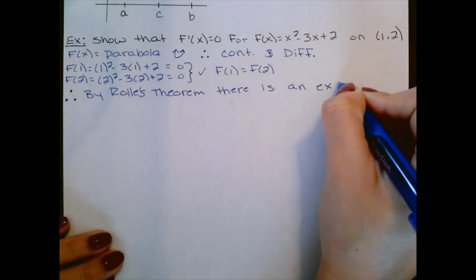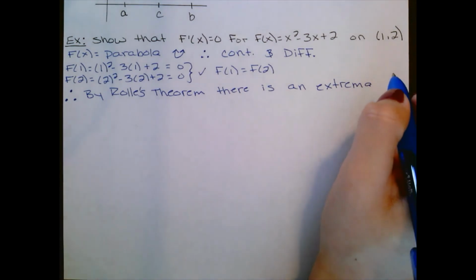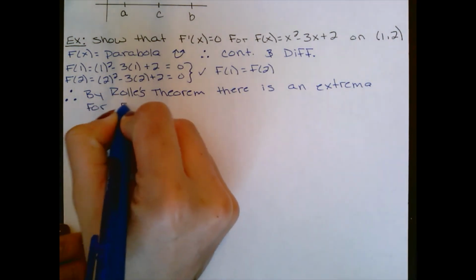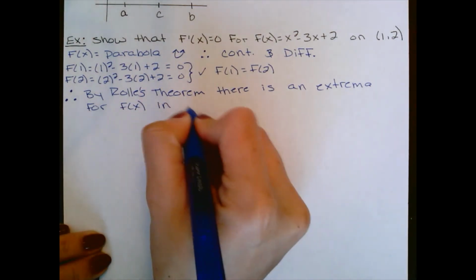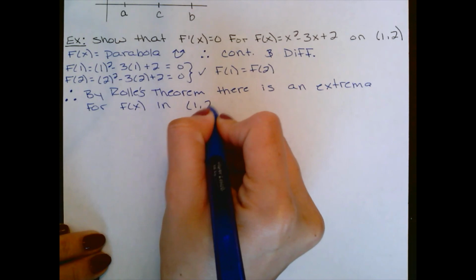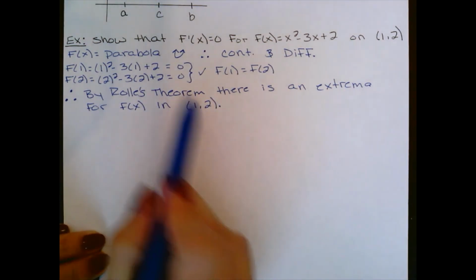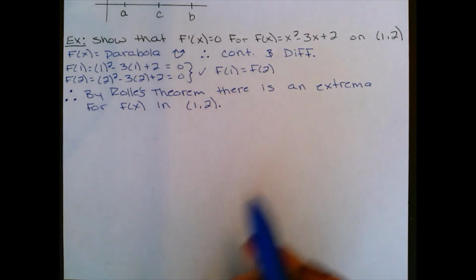We're just rewriting the theorem. For f of x in the interval of 1 to 2. Okay? Now, some questions on the AP may just ask you to prove that. Some may ask you to finish and actually find what that extrema is.